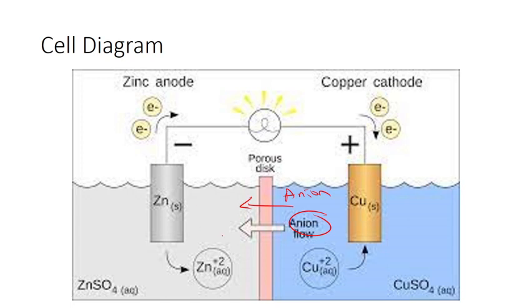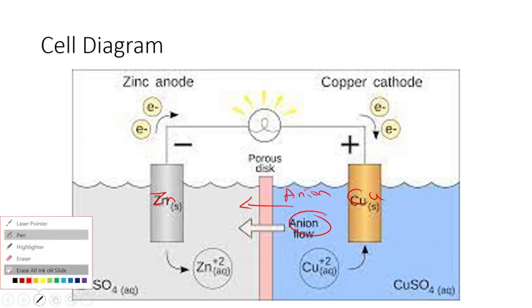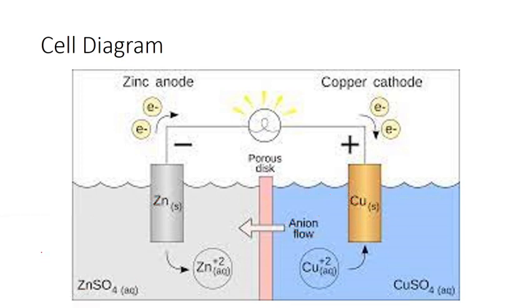They are moving over to the anode side to quench the extra positive charge that's going on over there. But it is exactly the same thing going on. You have ions moving through your porous membrane. You have your zinc anode, your copper cathode, and your electrons moving from anode to cathode.